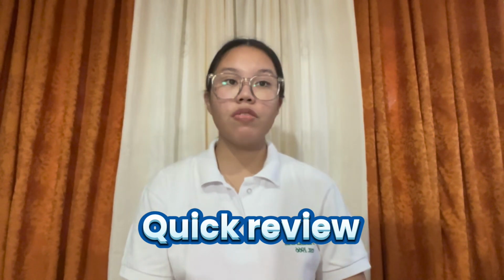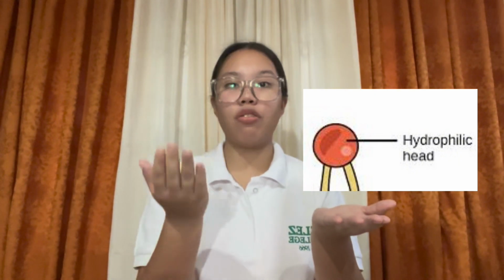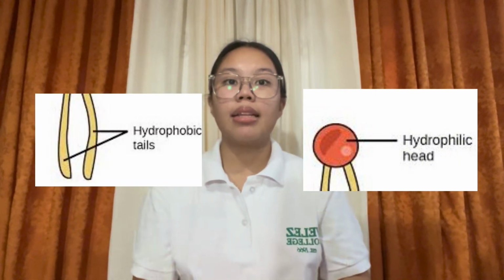Let's have a quick review of what we have learned today. Phospholipids are amphipathic molecules, meaning they have both a hydrophilic head that loves water and hydrophobic tails that fear it. This unique structure allows them to form bilayers, micelles, and liposomes in water, which is essential for building cell membranes. Their amphipathic nature makes membranes flexible, self-sealing, and selectively permeable. But their behavior can also change depending on the environment.